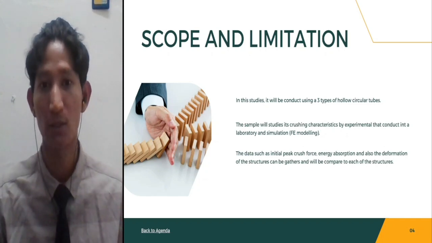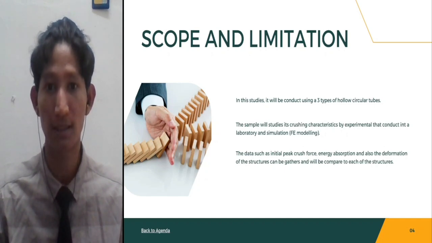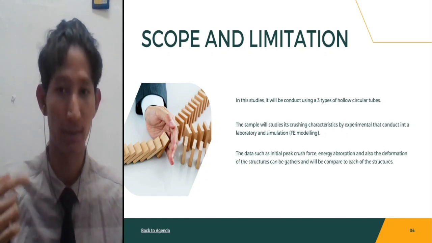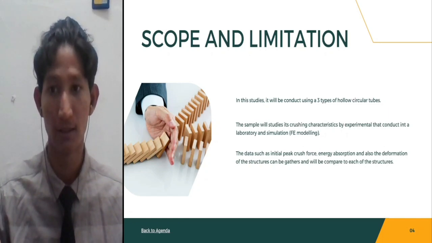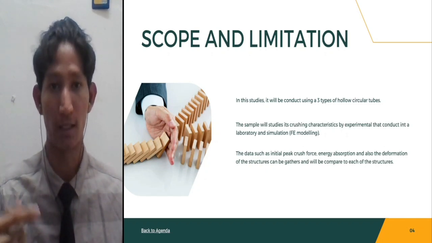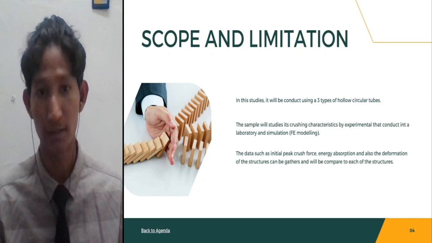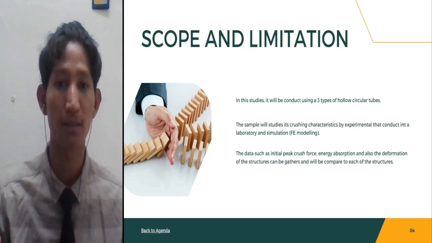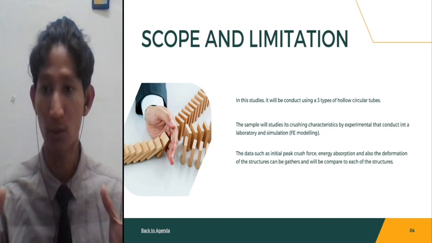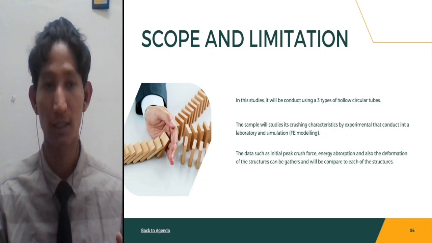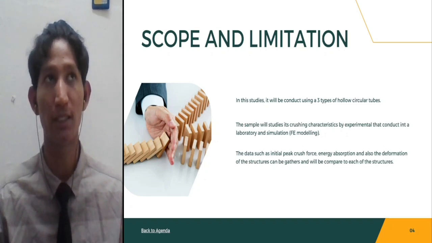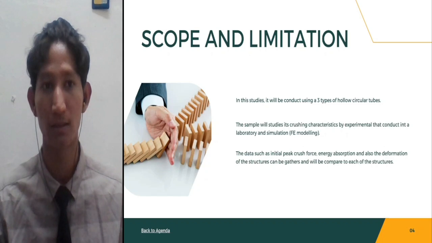So the samples will be studied for their crushing characteristic by experiment in the laboratory or simulation by using software. Then the data such as initial peak crush force, energy absorption, and also the shapes of the deformation of the tubes can be gathered and compared to each other, and we will choose the best design.